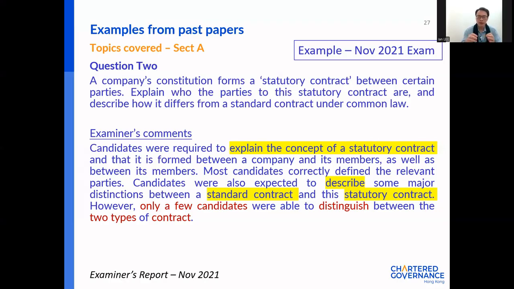Even if I sold the goods to someone else, for example, I enter a contract to buy something from you, and then I sell that same item to someone else, it's under two separate standard contracts. You cannot say, because I sold the item to someone else, the buyer becomes a contracting party to our original contract. No, that would not happen in a standard contract, but it would happen in a statutory contract.